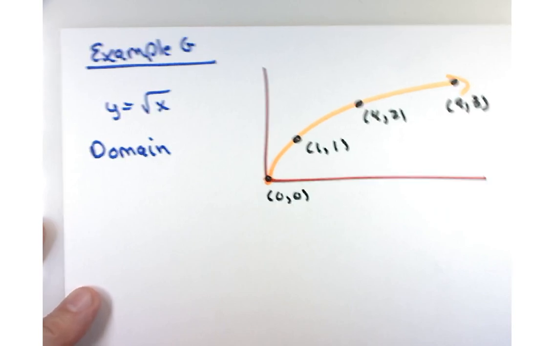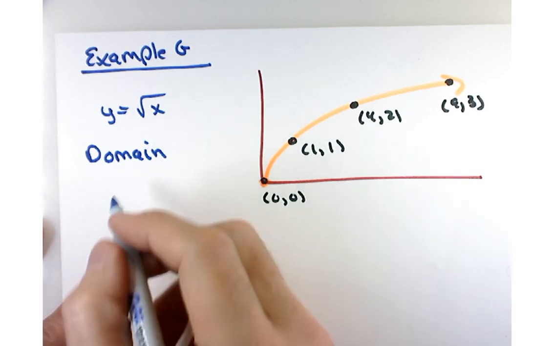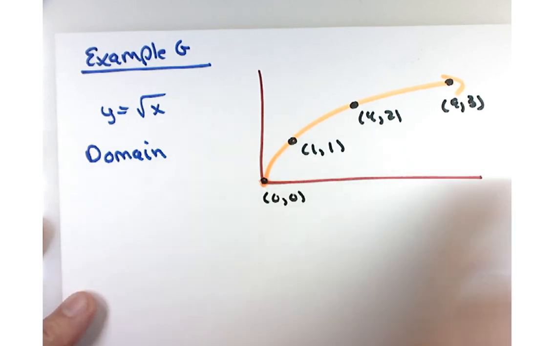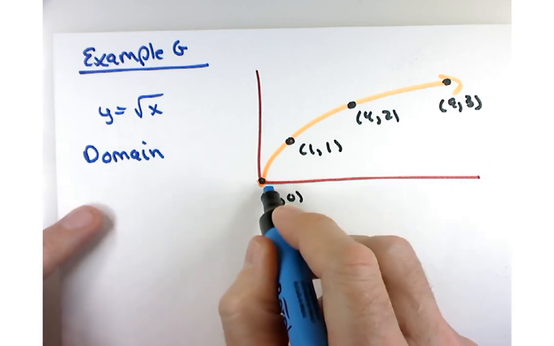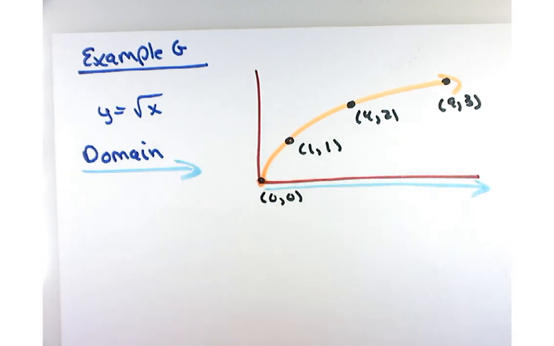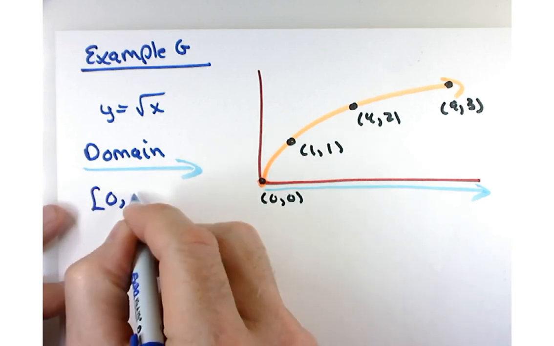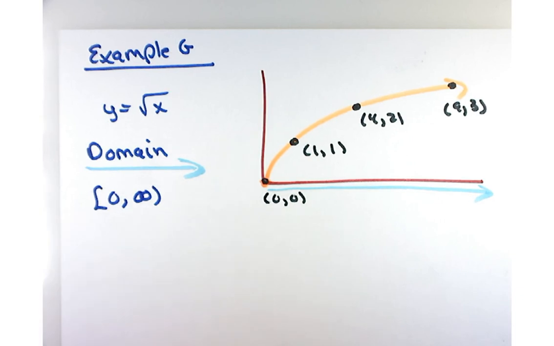Negative? You can't put in any negative numbers. So our domain has to be things that are greater than or equal to 0. And you can see that visually. The domain is going to be everything this way. That's our domain. So in interval notation, that would be 0 to infinity. Inclusive of 0, infinity gets a parenthesis.